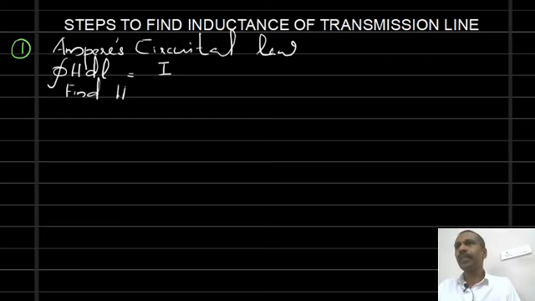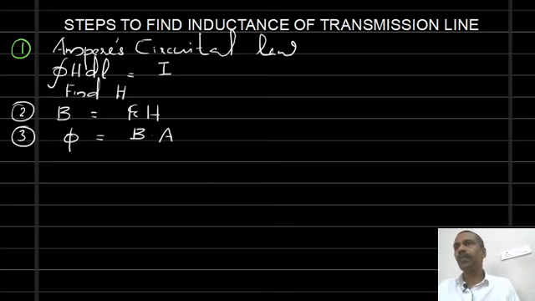The second step is to find B, magnetic flux density, which is equal to mu, the magnetic permeability, into H. The third step is to find the flux, which is equal to flux density into area.